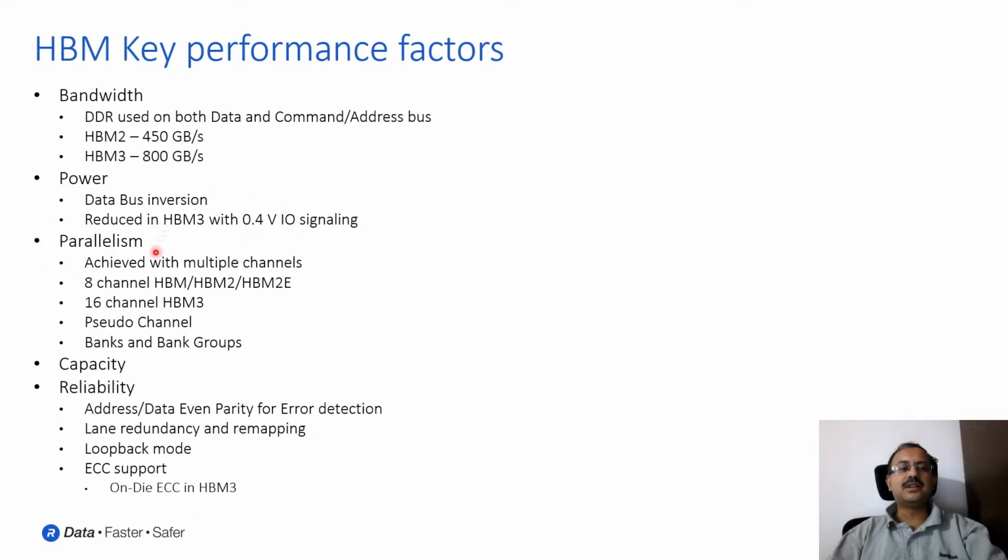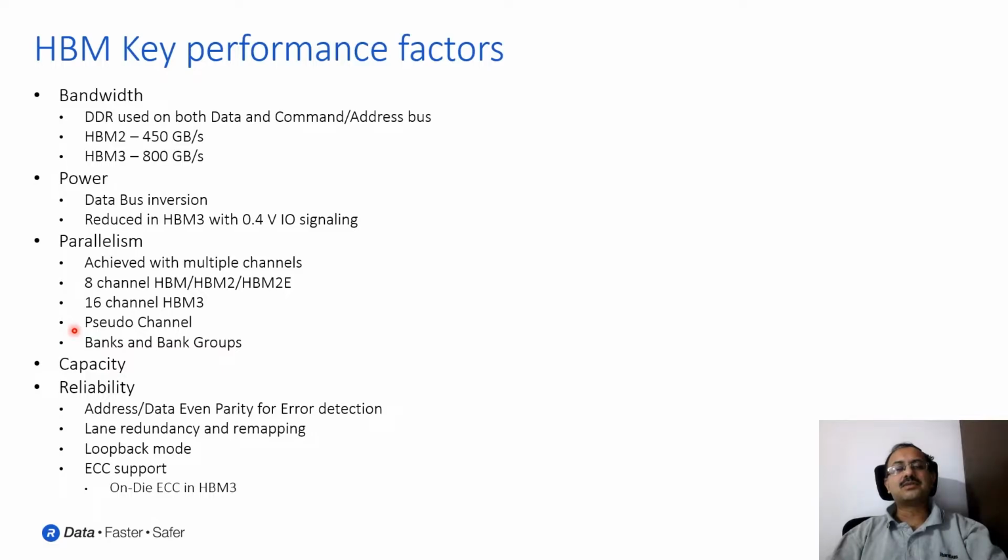The other very important thing that AI applications require is a lot of parallelism, and this is achieved in HBM using multiple channels. There were 8 channels in HBM, HBM2 and HBM2E. The latest generation HBM3 has now extended to 16 channels.